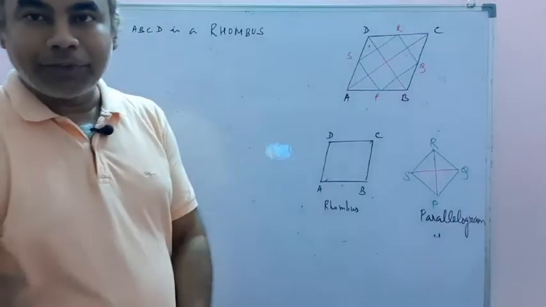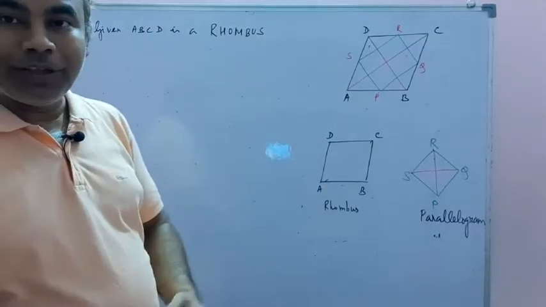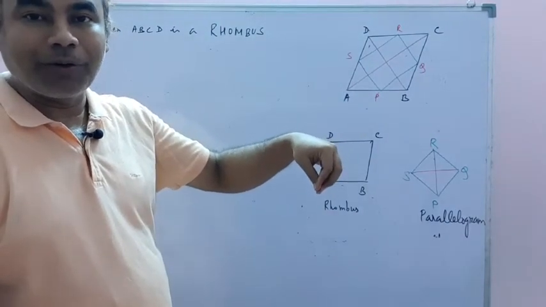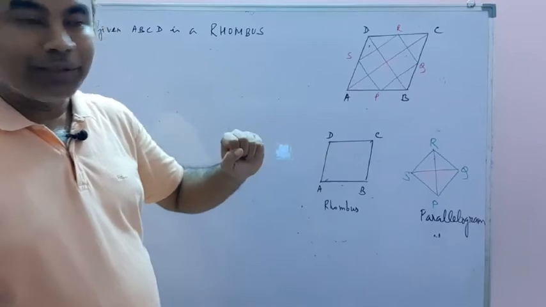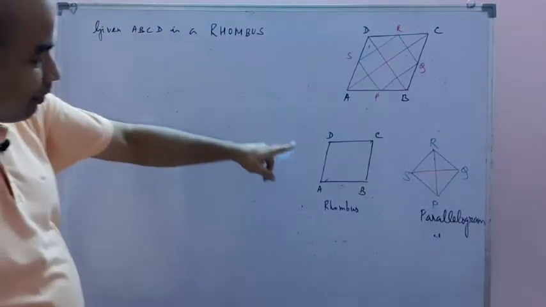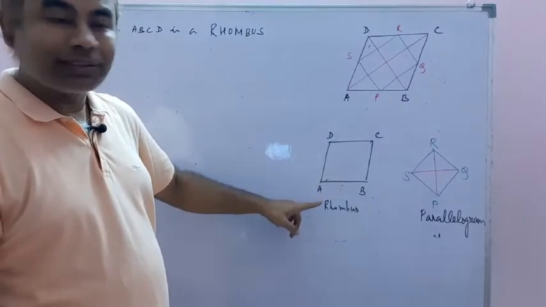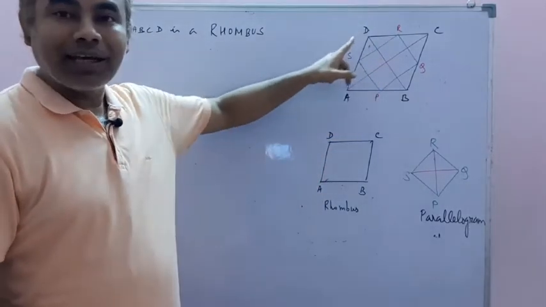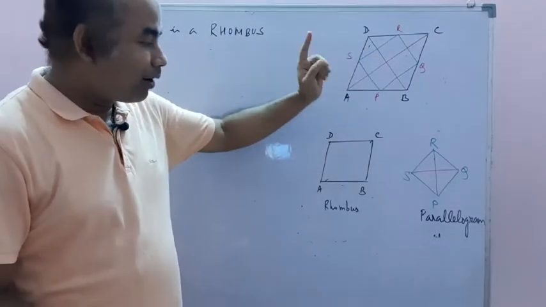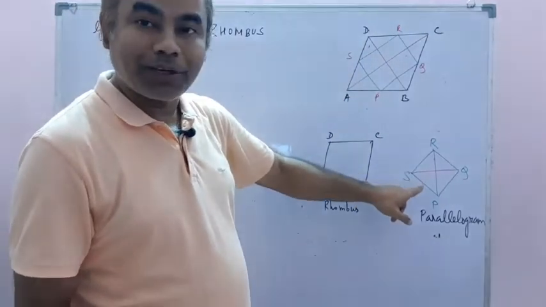Okay, so we already know that in any quadrilateral, when you join the midpoints, the new quadrilateral you get is always a parallelogram. Now suppose our given quadrilateral is a rhombus. And P, Q, R, S are the midpoints of the sides of the rhombus ABCD, and whatever quadrilateral they form will always be a parallelogram.